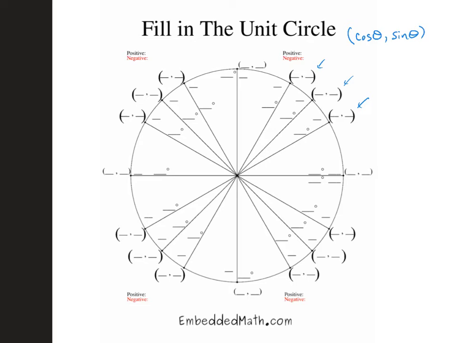All right, so let's go around and let's label the angles that are going to be on the unit circle. Any other angle that's not on the unit circle, you could still find a sine or cosine or tangent of it, but you would need to use a calculator to do so. These are going to be the only ones for right now that you would be expected to come up with exactly without a calculator.